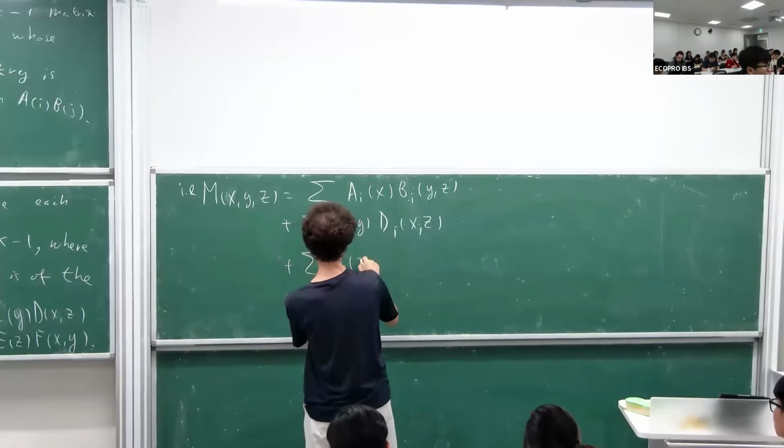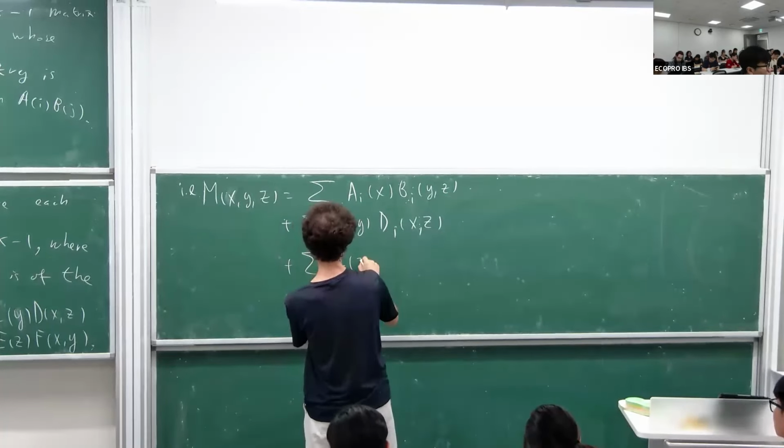Then the slice rank of M is going to be equal to the number of non-zero elements among these. So it's like a diagonal matrix: its rank is going to be the number of non-zero entries on the diagonal.